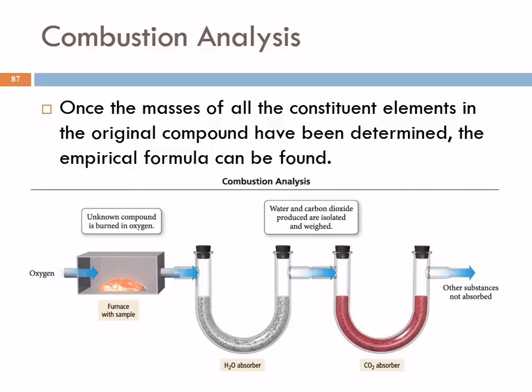Sorry, are they separated because of the temperature that they separate out? Or why don't they just stop at one tube? How can this just absorb the water and not the CO2? It has to do with interactions between the substance that's in here and the water.